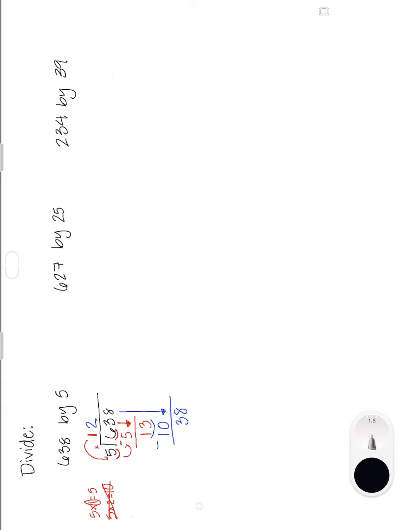And so now this is the last one. So 5 in 38, right? How many times does it go? So 5 times 6 is 30. 5 times 7 is 35. 5 times 8 is 40. That's already over 38. So 5 goes 7 times in 38.